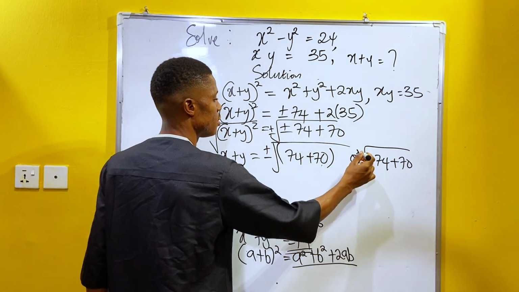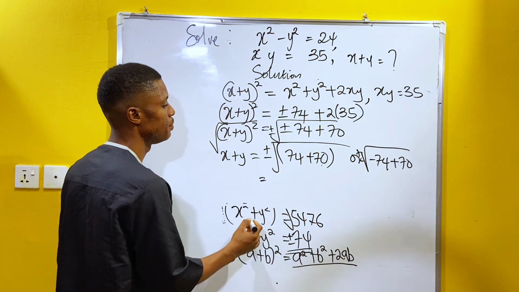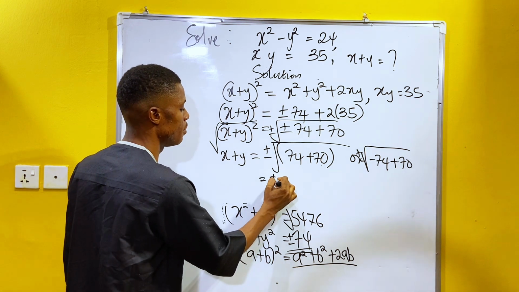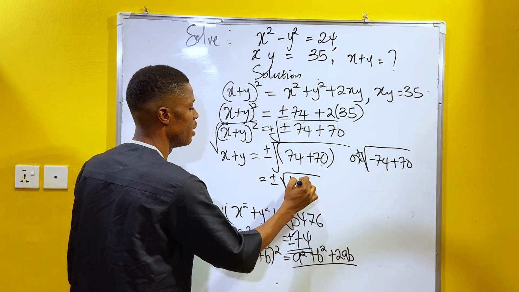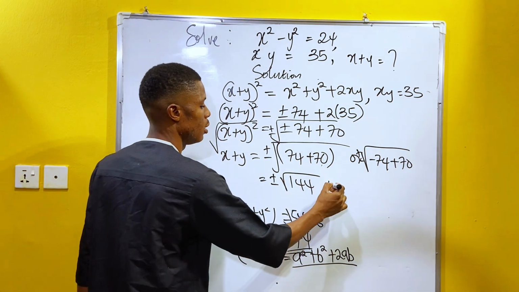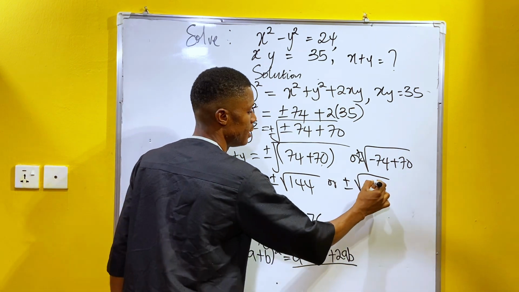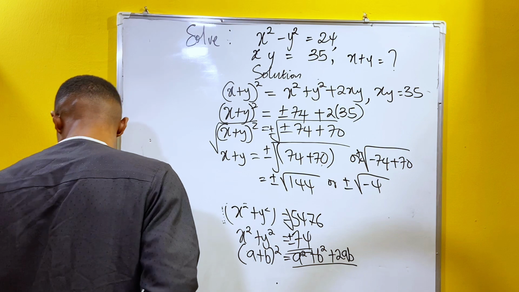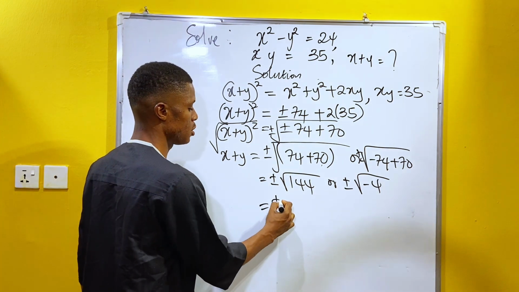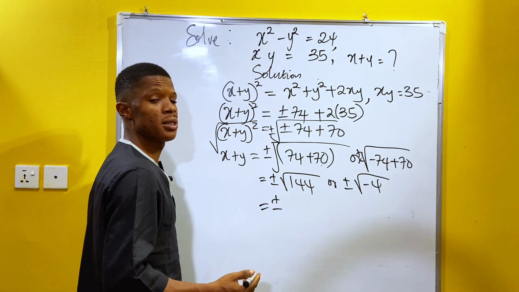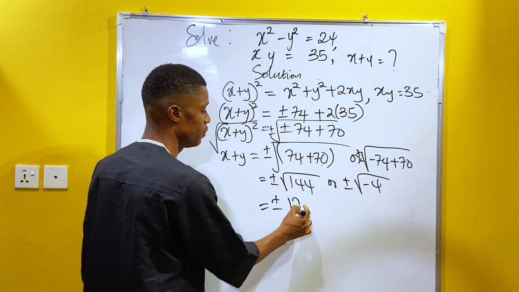And this will give us plus or minus the square root of 144, or plus or minus the square root of minus 4. The square root of 144 is 12.